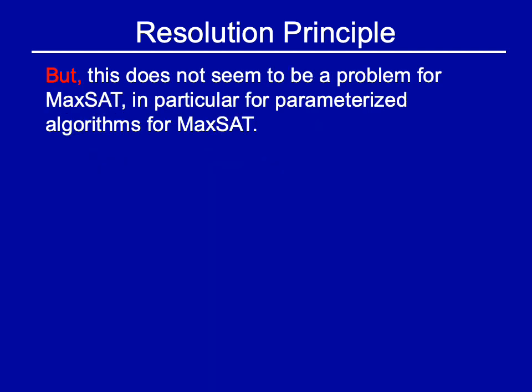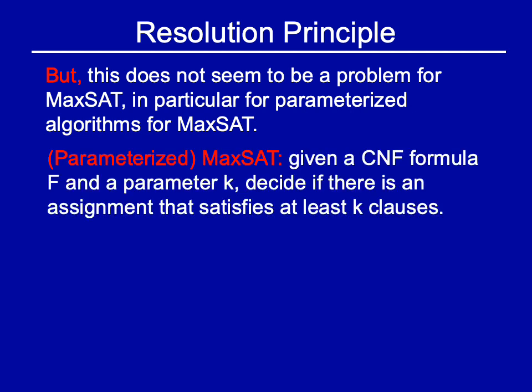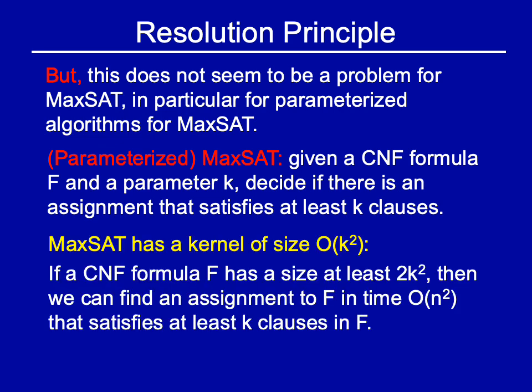But really, for parameterized algorithms for MaxSat, there's not a problem here, since we have something which is called a kernel. If you have a formula and a k, you want to decide if there's an assignment that satisfies at least k clauses.